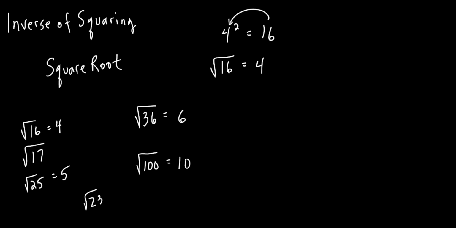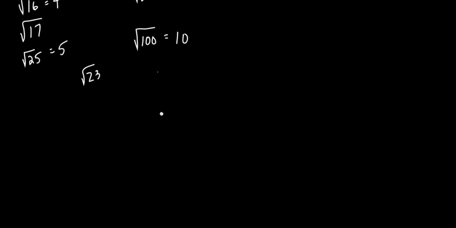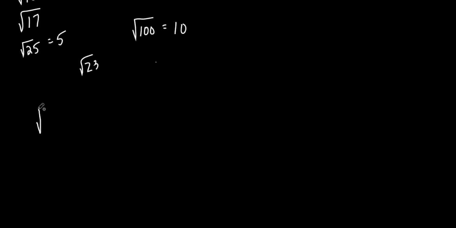I mean, you can always take the square root of any number. Well, except, you can't take the square root of a negative number. Let's talk about that for a second. So the square root of negative 9. You would think it would be negative 3, wouldn't you?